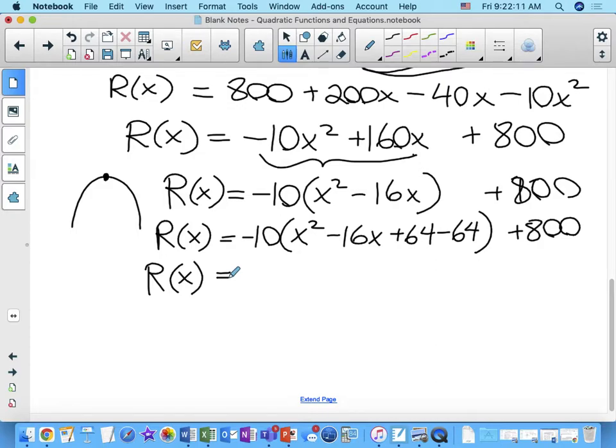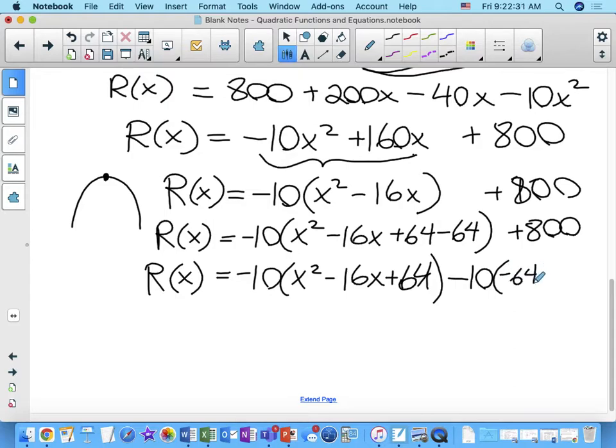Yes, so I'm going to take this last term out. And to take it out, I actually have to distribute the negative 10 to the negative 64. So I have to go negative 10 times negative 64 plus 800. Okay?